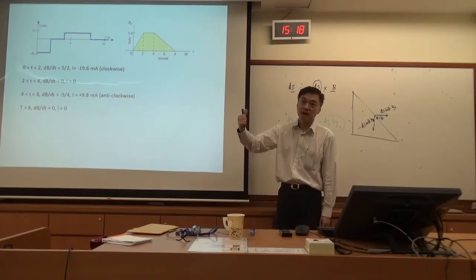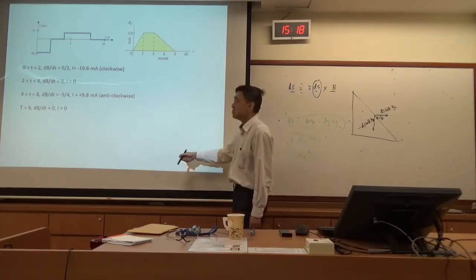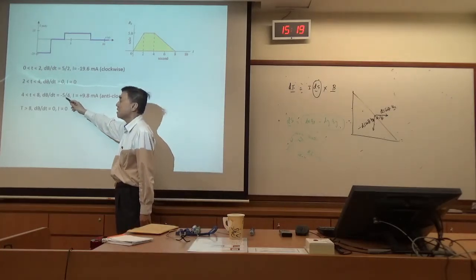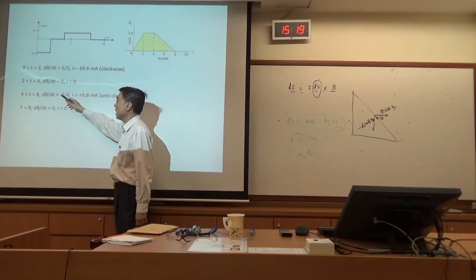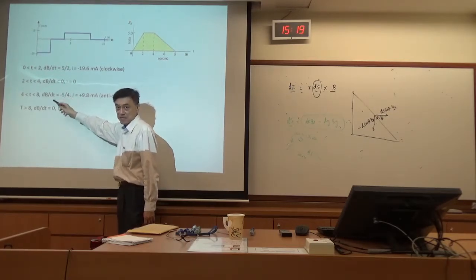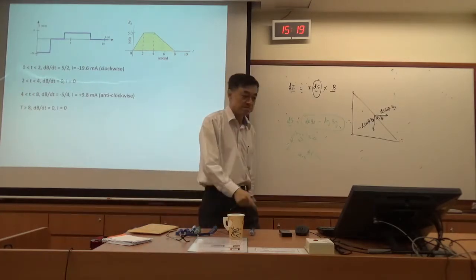B drops from 5 to 0 in 4 seconds. So dB/dt is equal to minus 5 over 4.